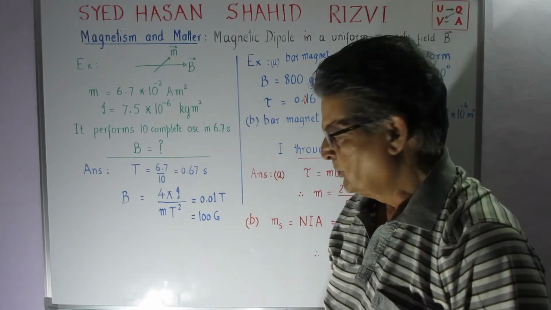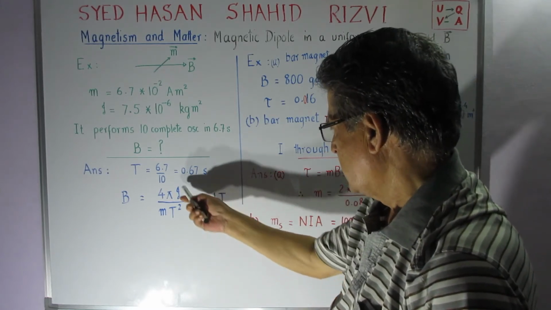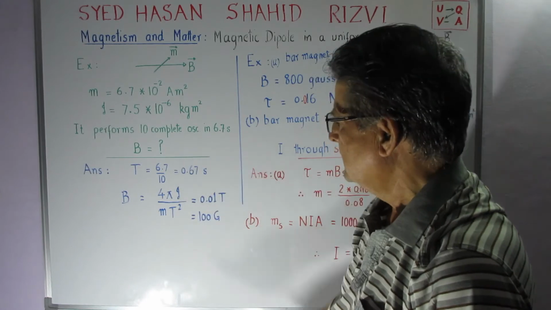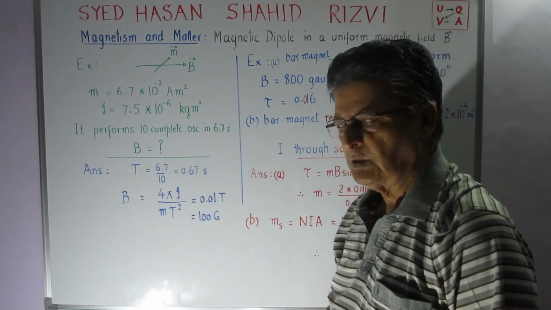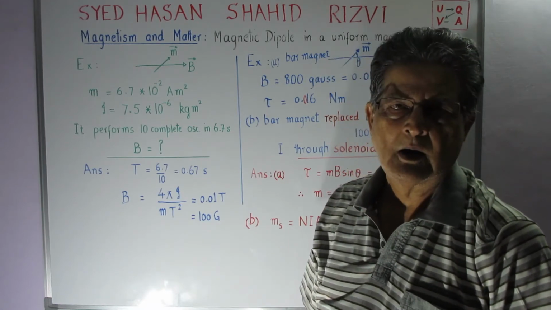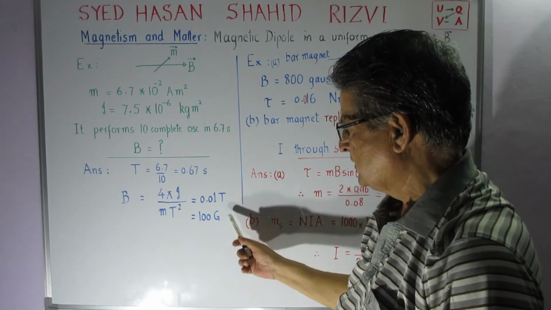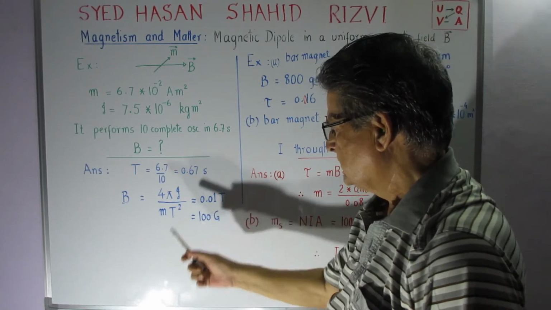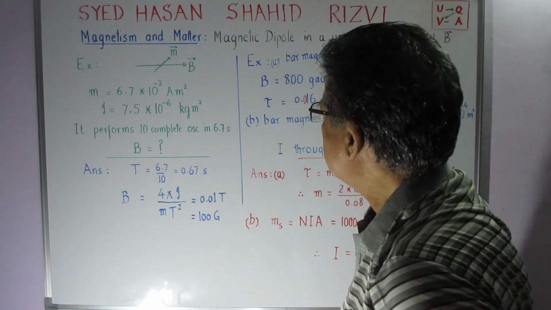You should be able to do that clearly. When I substitute these values over here, we find that the value of B is equal to 0.01 Tesla. The answer should always be written in Tesla, but sometimes they ask you to express the answer in Gauss. So 100 Gauss.